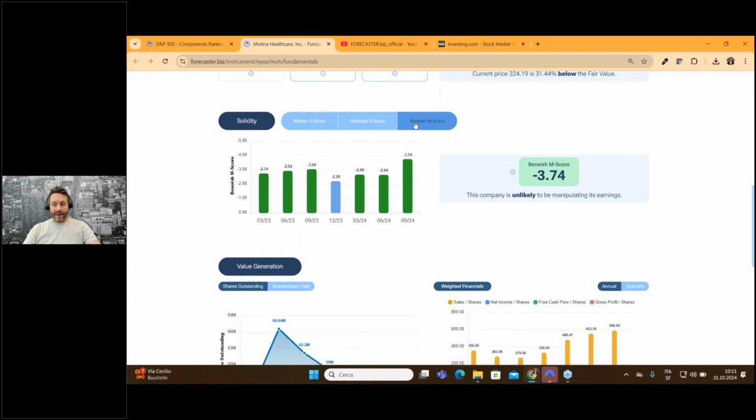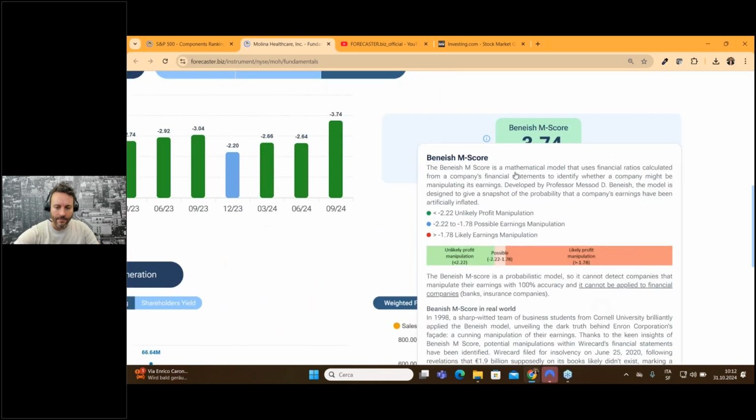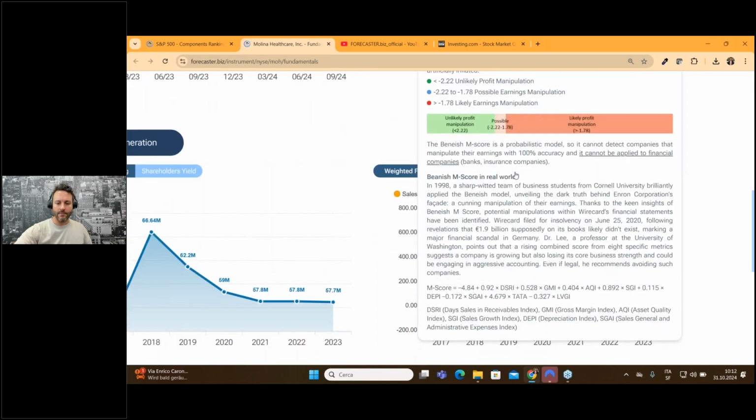And very important, we can say that the company is not rigging its financial results, because we have a Beneish score which is in the safe area. If you would like to dive deeper into this kind of ratio, you can find all the descriptions and also the formula for this ratio.